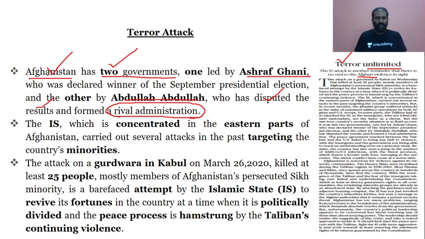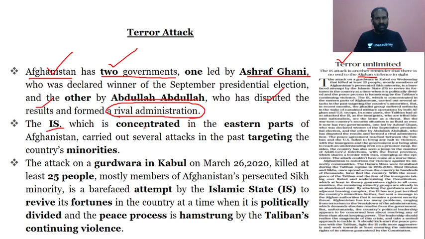Why? Because when it is split widely between two of them, there is always a possibility that someone will get into it and try to take advantage of the entire scenario. Yes, it is the one trying to take advantage, not the Taliban this time, but definitely the IS. IS is trying to enter Afghanistan, even though the Afghan government already has a lot of worries from the Taliban.